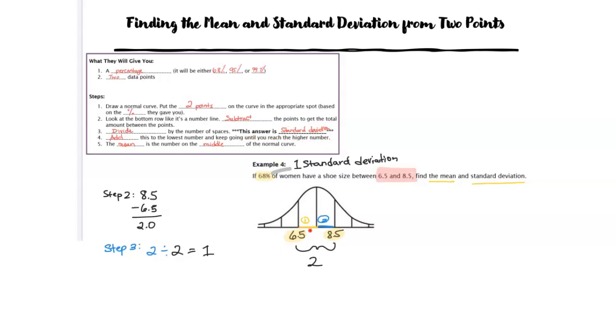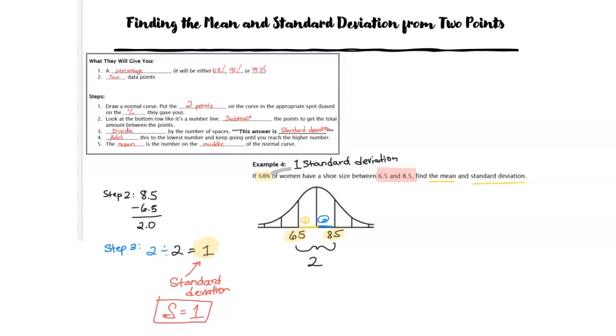So that's the distance between each little interval. It's 1. So let's highlight that part, that this 1 is one of our answers. That's our standard deviation. So our standard deviation equals 1. That's one of our answers. The standard deviation is 1.